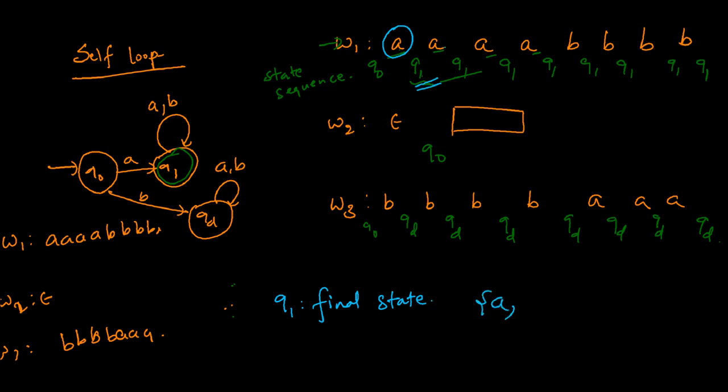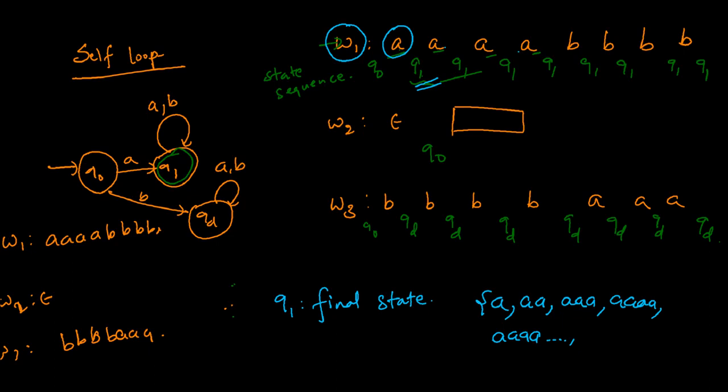On seeing another A, AA, you reach Q1. It's part of the language. And this can go on. This is W1, which has 4 A's, but we can go on taking as many A's as possible. It will still be at Q1, right?